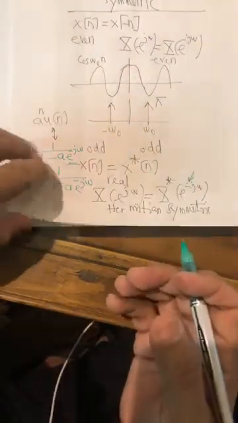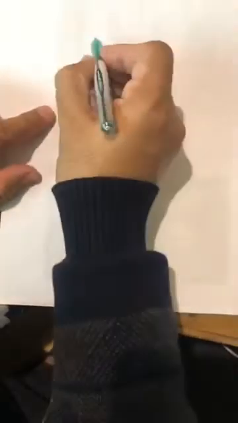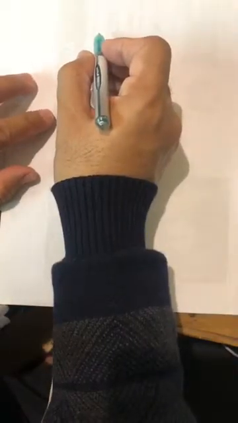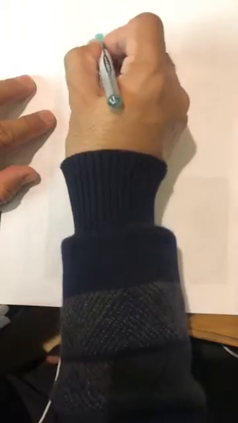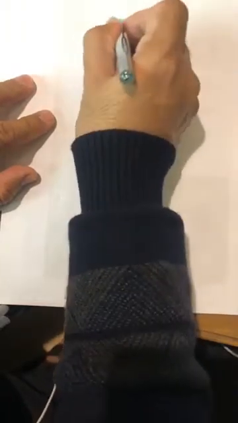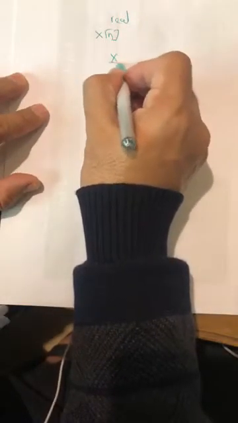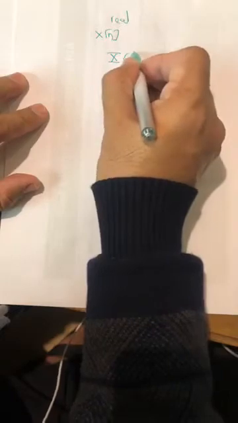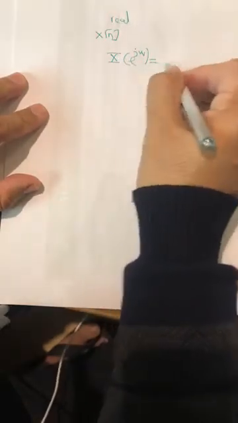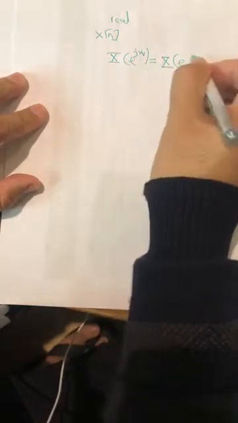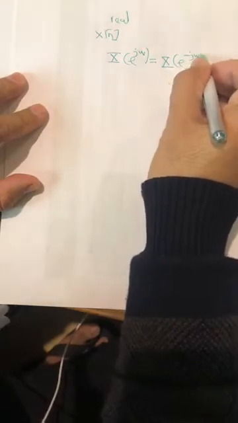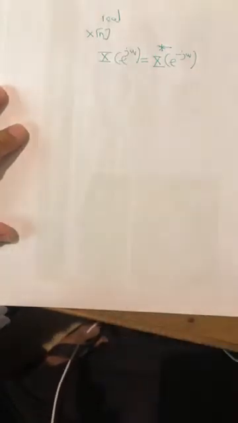Okay, then why should I care about the Hermitian symmetry? Why is Hermitian symmetry good? Because if you have a real signal, its Fourier transform is going to exhibit Hermitian symmetry.